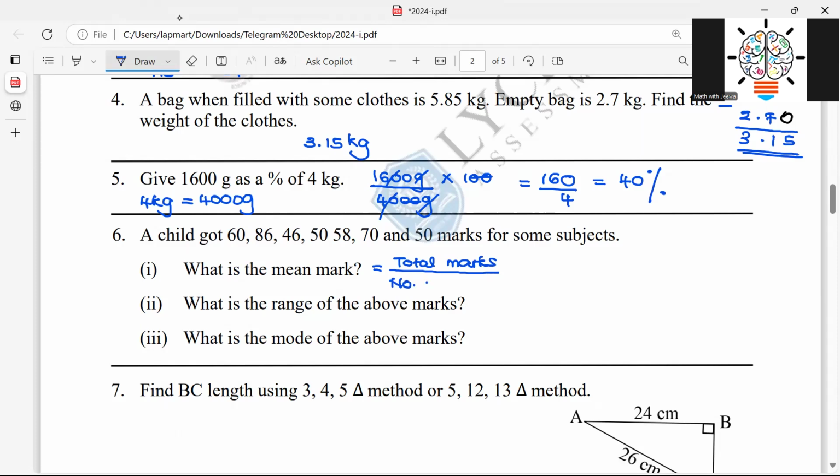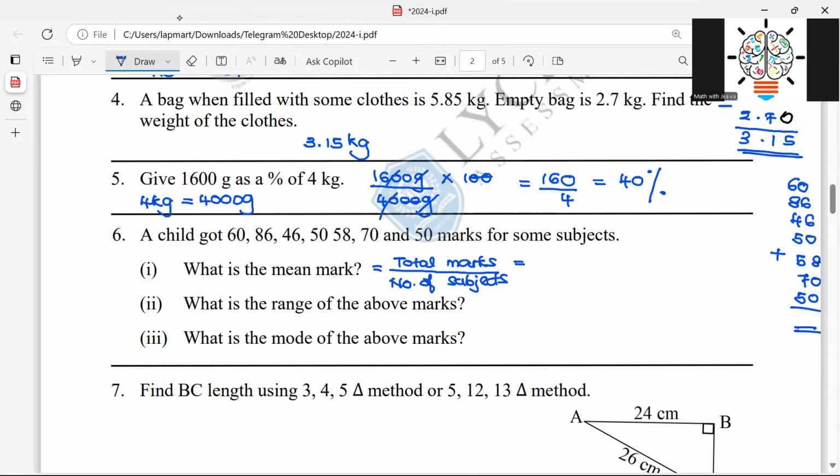You write here number of subjects. Okay, right. So then we add the things here, 60, then 86, then 46, and 50, 58, 70, and 50. You add everything together.